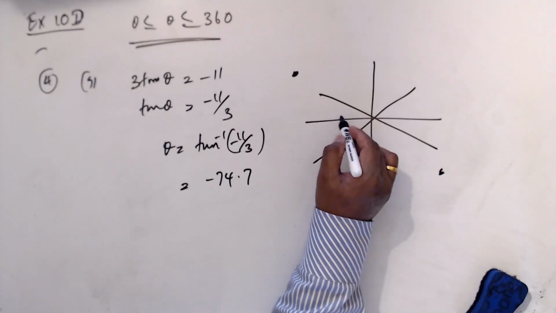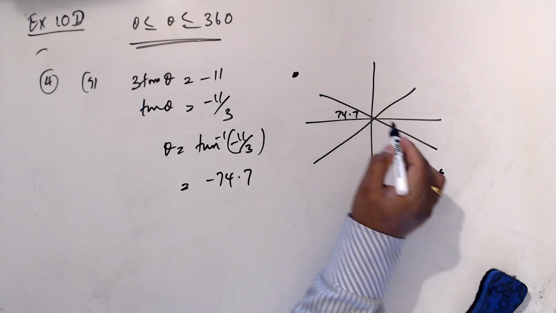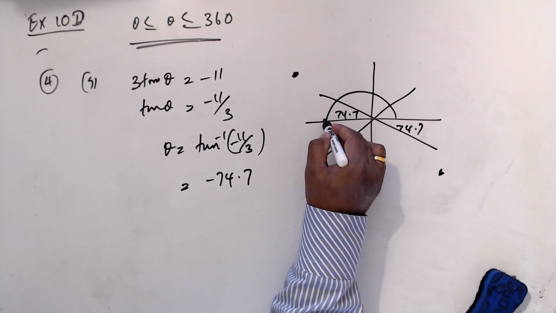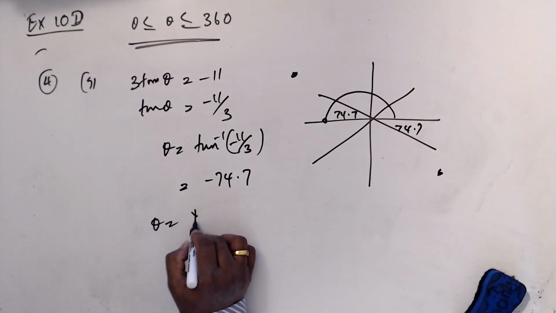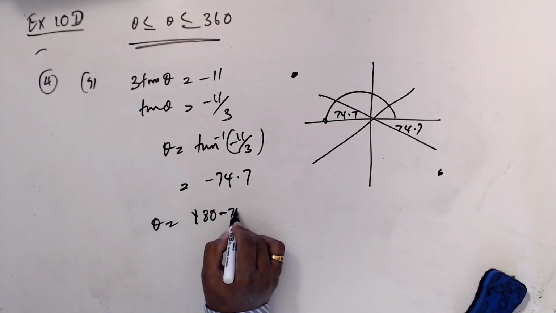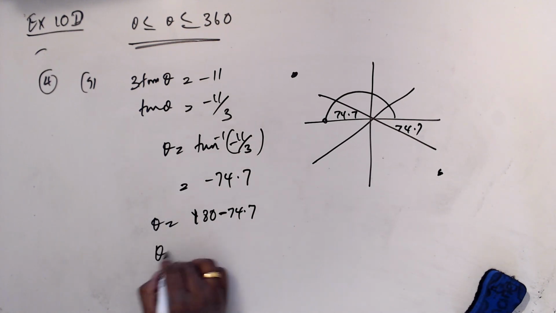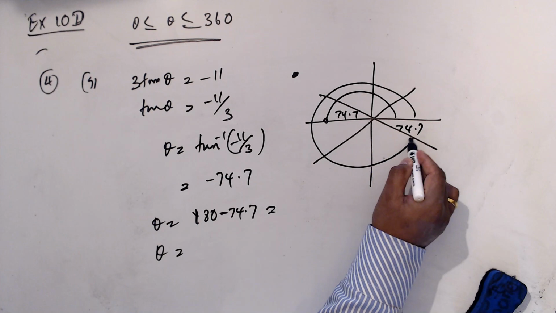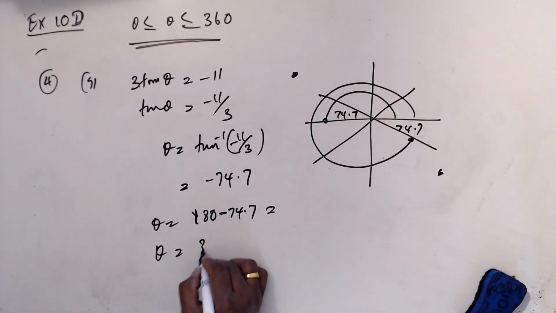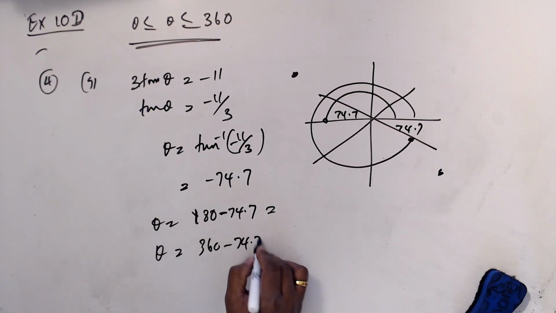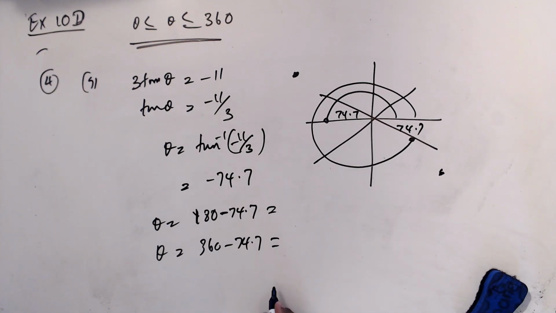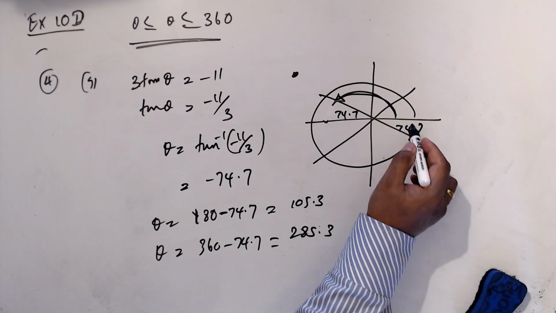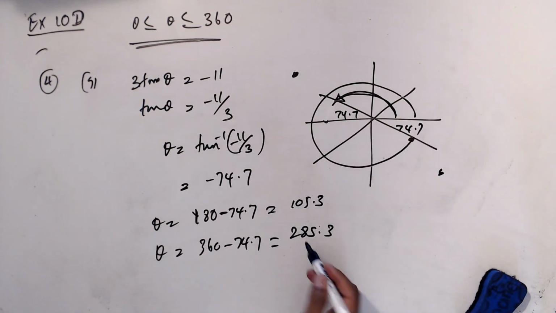So I need 74.7. The first one is theta equal 180 minus 74.7. The second one is this one. It means 360 minus 74.7. So this is the first one and this is the second one.